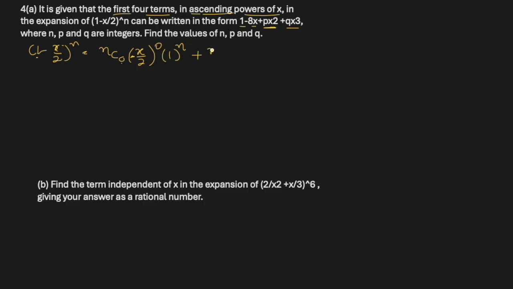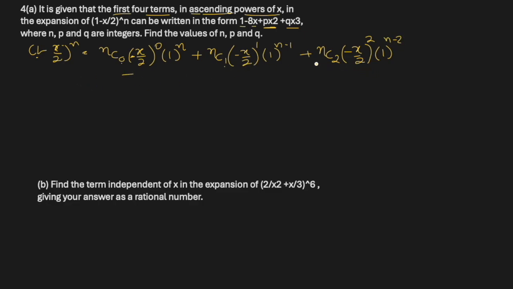Second, nC1 minus x over 2 to the power 1, and the power of 1 will be n minus 1. These must match. Plus nC2 minus x over 2 to the power 2 and 1 to the power n minus 2.